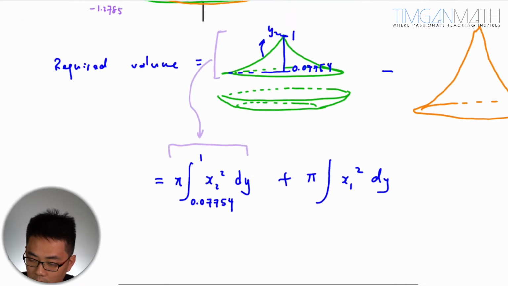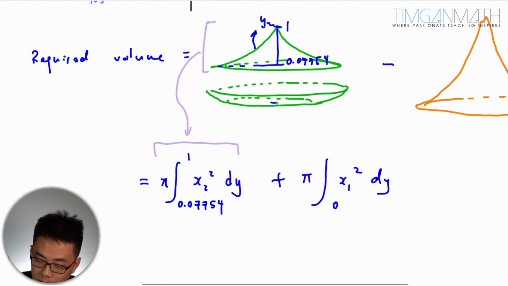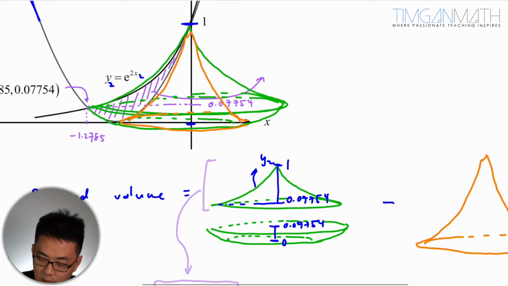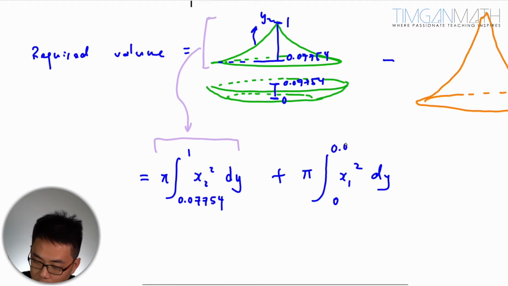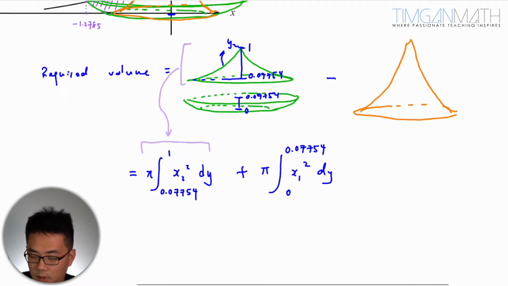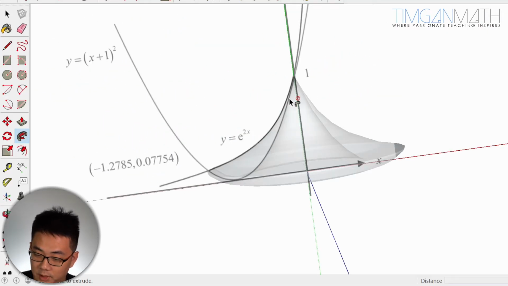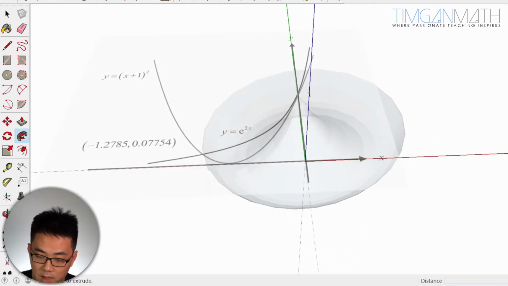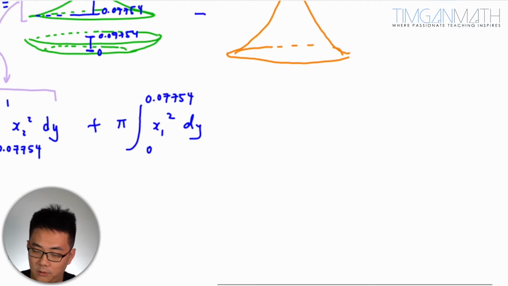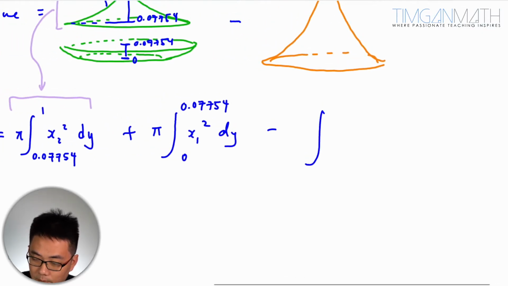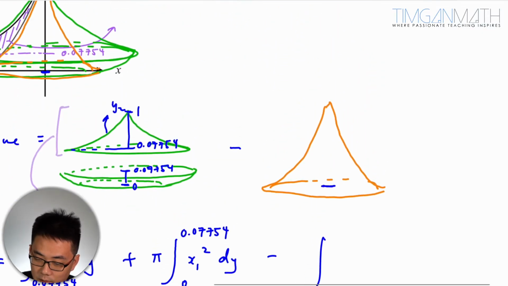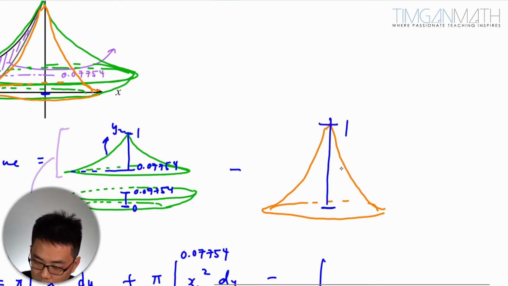Same thing, we start from 0, and we end with 0.07754. Then the last one, which you need to subtract out, is the one inside here. That will give us minus, from 0 to 1.